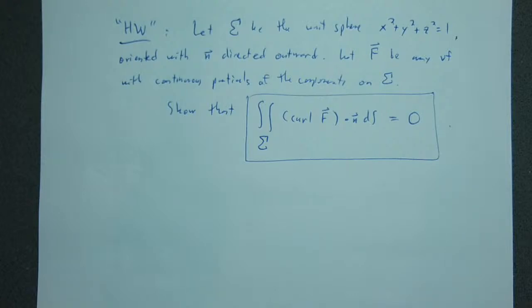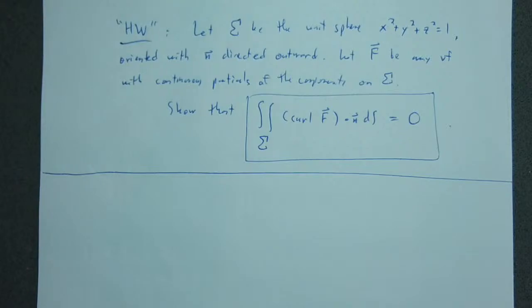And use those two facts that I stated before, or one of those two facts, to show that this always has to be 0. It doesn't matter what f is. Physically this has an implication, but I won't say anything else here.